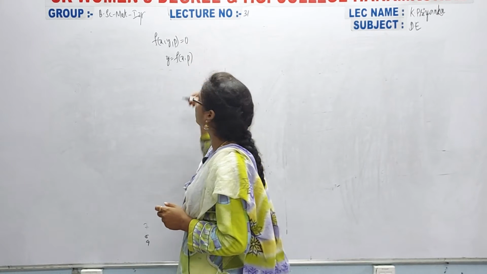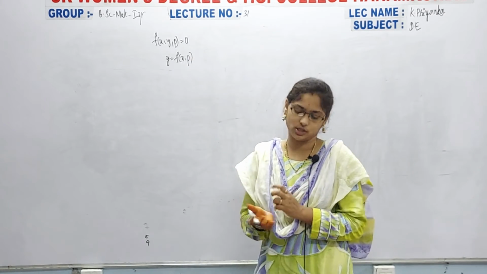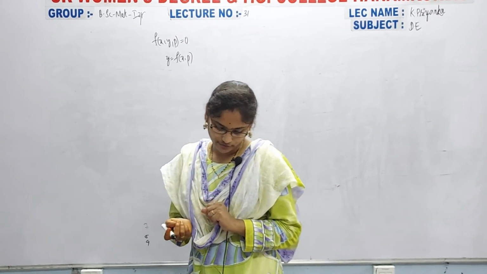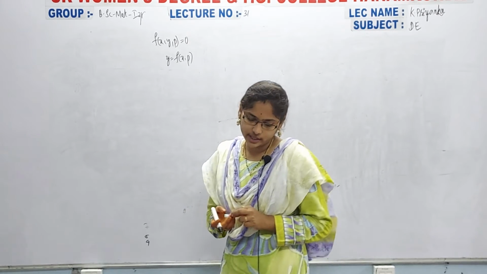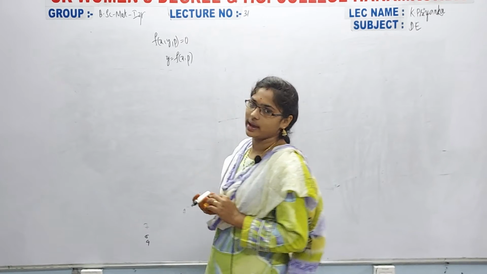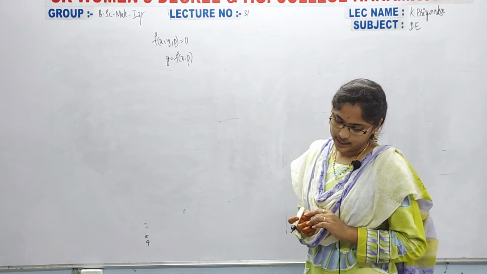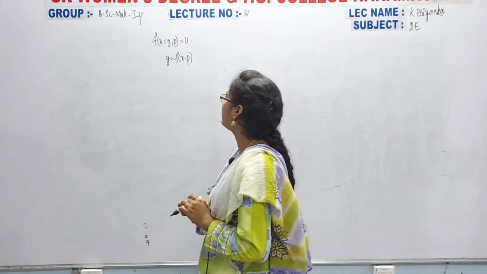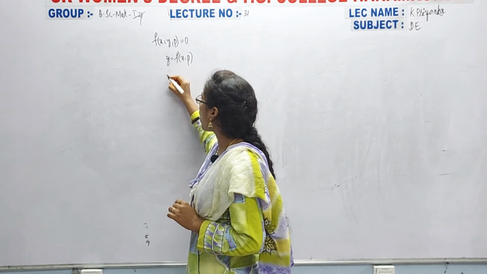See how they are saying the procedure. Y equal to f of x comma p, differentiating with respect to x, it gives dy by dx on one side, and on the other side we get f dash terms.